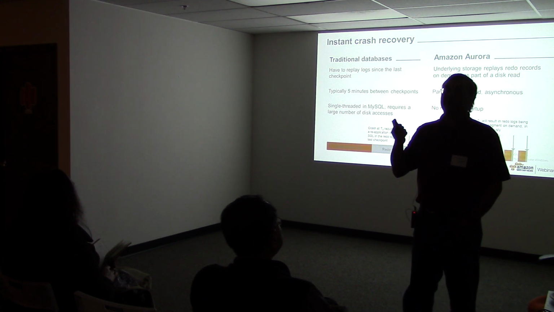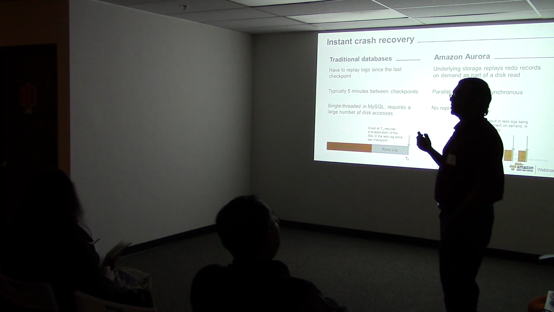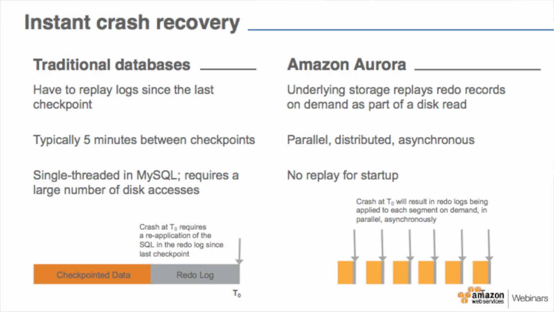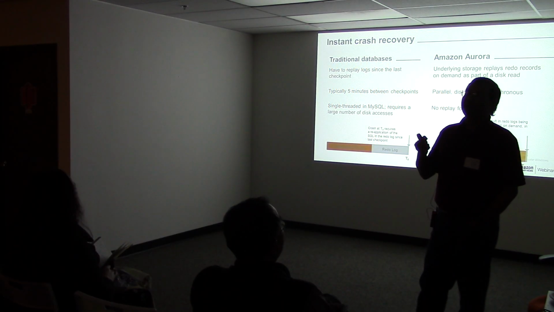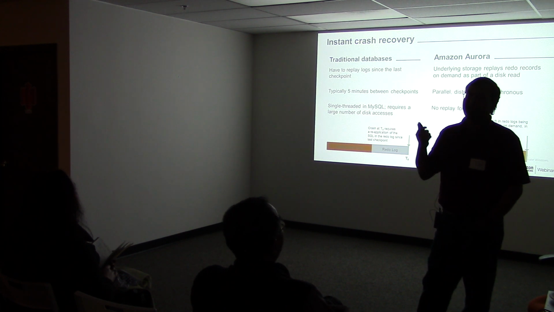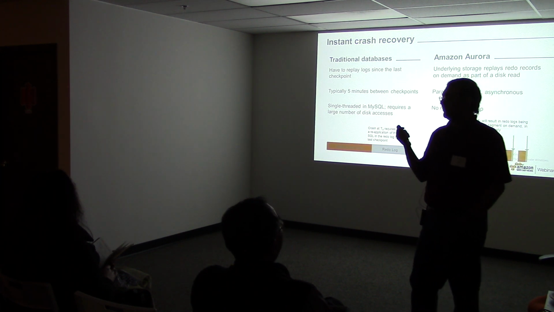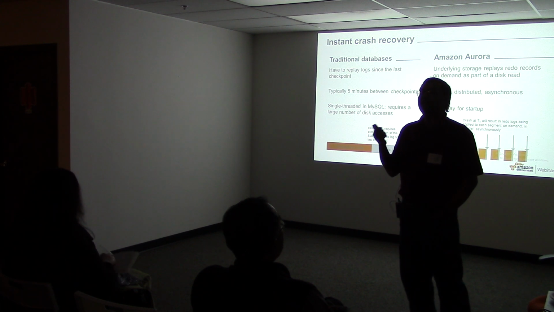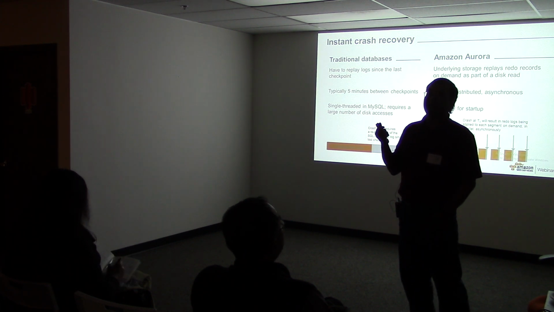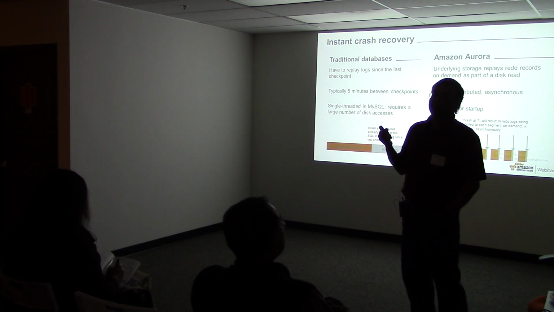Now, even if you have, let's say, 32 cores on your server, the log application, the crash recovery, is a single-threaded process in MySQL. So if you have a checkpoint which was done 5 minutes back, it might take 5 minutes, it might take more than 5 minutes. Sometimes if you are lucky and there is not too much to read, maybe it will be faster. But it can potentially take minutes, sometimes tens of minutes, for the database to recover, right?